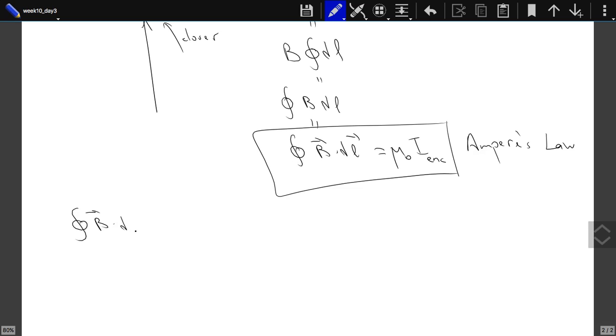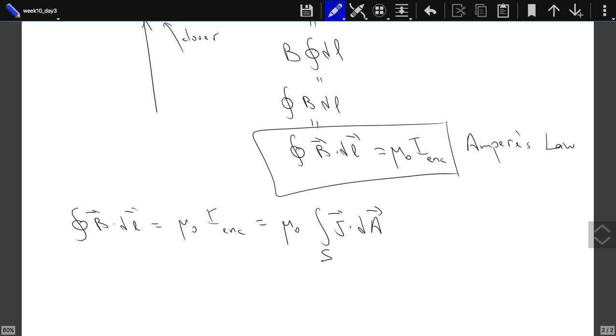You see, B dot dl is equal to mu0 times I enclosed. But the total current is nothing but the integral of the current density. So this is equal to mu0 times the integral of j dot dA over some surface S. But this S should be bounded by this loop over here, because I'm calculating the total current running through this area bounded by my loop.